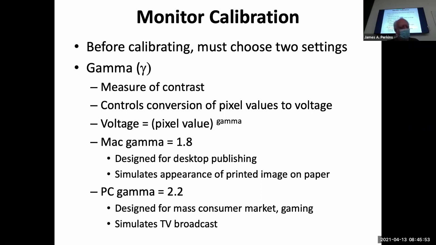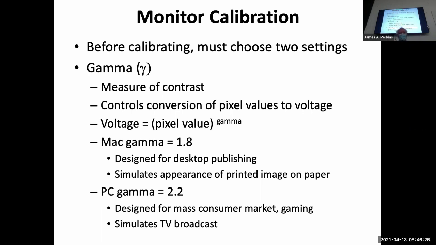It relates to the fact that when you want to display an image on your monitor, you have a set of numbers that are stored in the digital file. You have the color values of the individual pixels. But your computer has to translate the numerical color values that are stored in those pixels into voltage, which is sent to the monitor to make the little LEDs glow with a different color. So there's a very simplified formula here on the slide.